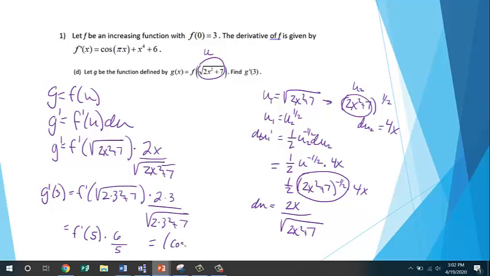So that's going to give me cosine of 5 pi plus x, or 5 to the 4th plus 6, and then it's times 6/5. If you would like to work that out, you go right ahead and do so. Otherwise, I'm just going to leave my answer like that. If you did want to check to see if your answer was right, it was 756 as the final answer, but we could leave it very, very messy.